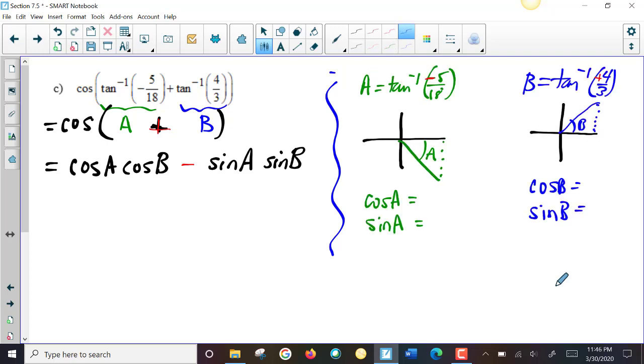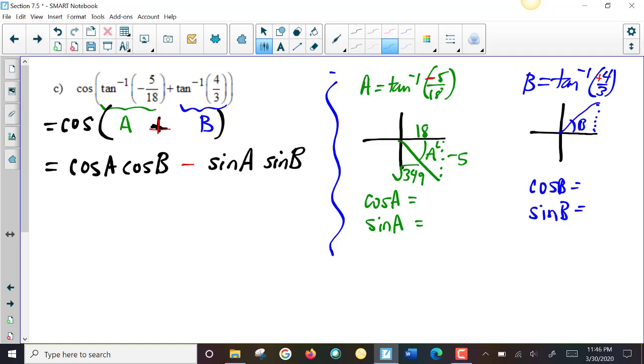So we'll set it. Okay, tangent is y over x. So I can label my triangle -5 over 8. And then when you find r, you would get square root of 89.